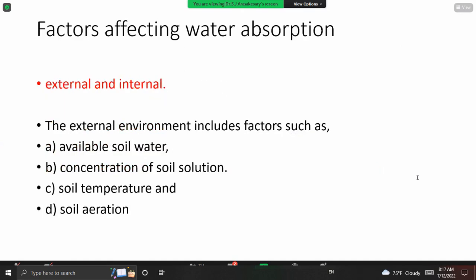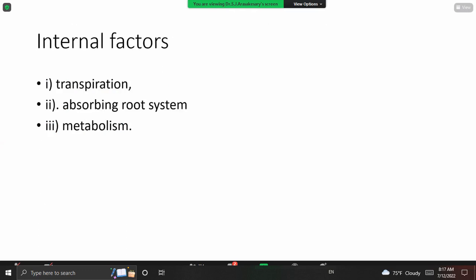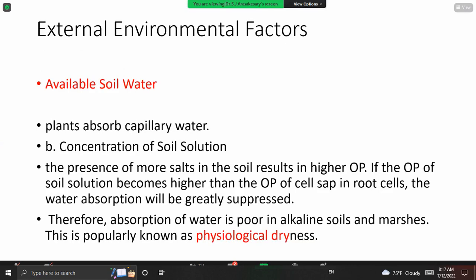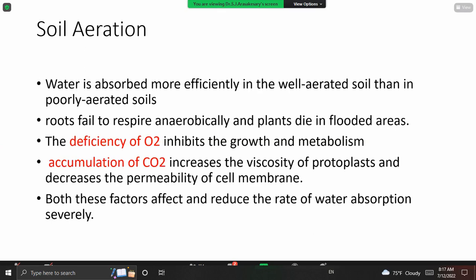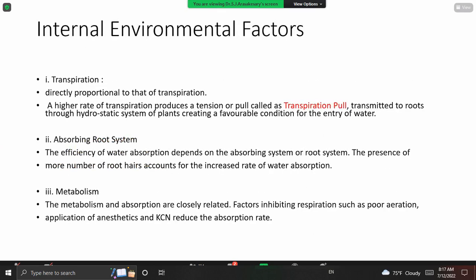There are 4 external factors and 3 internal factors we have seen. Then concentration of soil solution, physical dryness, soil temperature, how high and low temperature affect, and soil aeration. And the internal factors, we have 3: transpiration, absorbing root system, and metabolism.